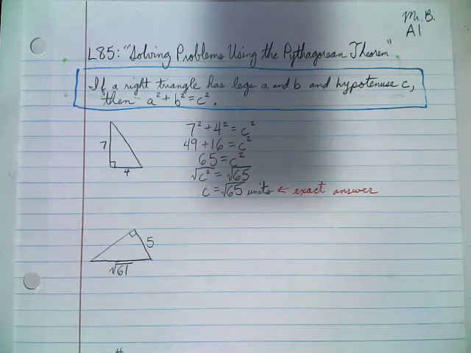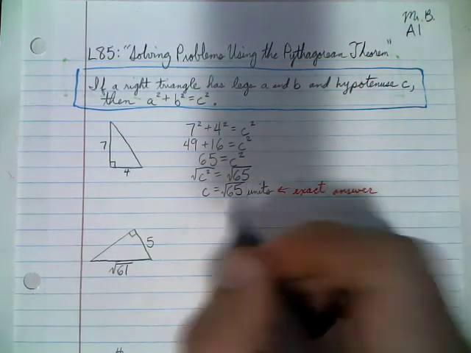Maybe one department just needs it rough, to the nearest whole number. Maybe there's another department that needs it to the nearest thousandth. So that is one benefit of an exact answer: it allows someone later down the line to decide how far they want their answer to go. What do they want to round to?